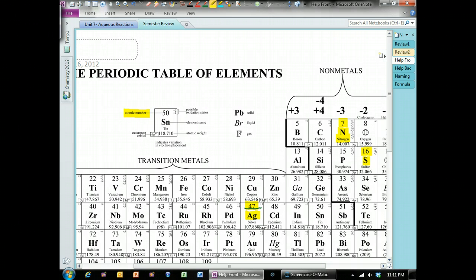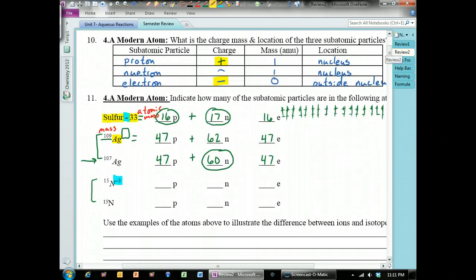So with an atomic number of 7, that means we have 7 protons, and if it was neutral, we would have 7 electrons, but it's not neutral. So we use that as a starting point. We have a -3 charge.